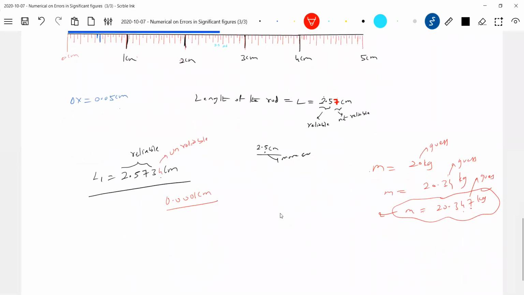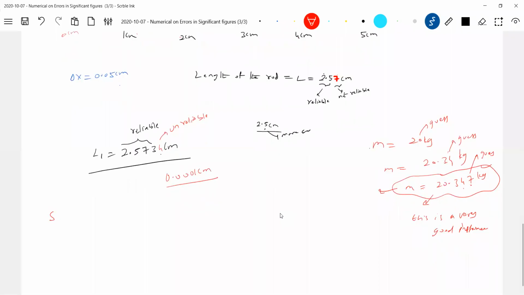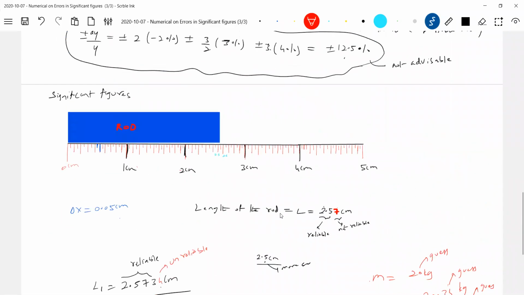So let me get this one. So you can select it. Very good instrument. So definitely, yes, this is also a very good instrument. So what is significant figures? SGF, I'll write in short.